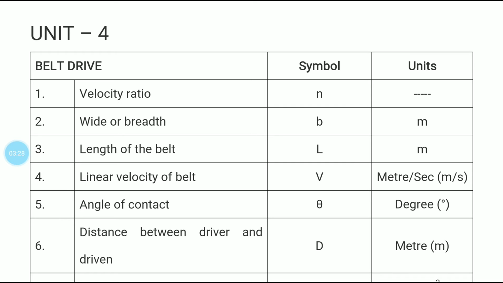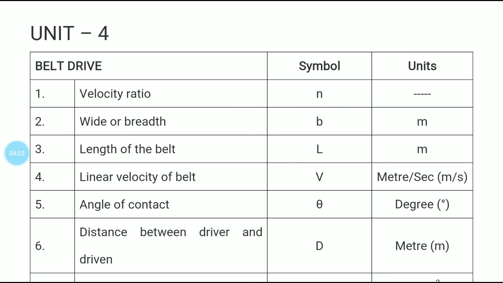If the belt rotates from the driver pulley to the driven pulley, and again comes from driven to driver, to find the length of the belt, take a thread, keep it at any point and rotate it, ending at the starting point. Where you have started, end at that same point. Then take the thread out and measure the length. That will be the length of the belt. This length of the belt means the total length of the belt.